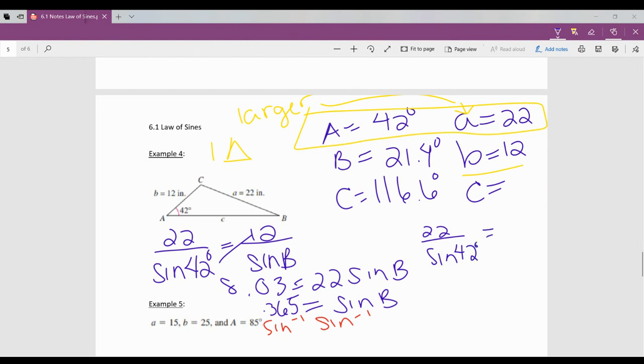And we're trying to find c, so c over sine of 116.6. So I'm going to do 22 sine of 116.6, divide by sine of 42, and we get c is equal to 29.4.